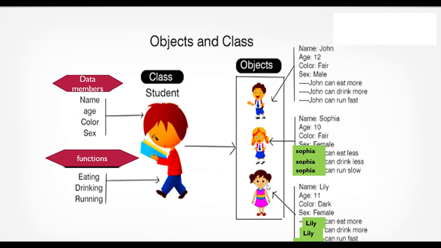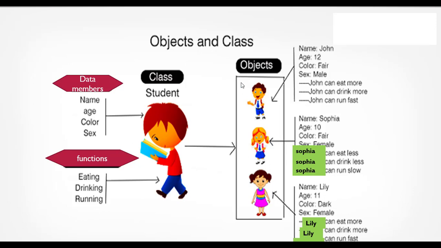All these are the objects. So a class is nothing but a grouping of objects of similar characteristics. For example, a student is a class. Each object in that class, John, Sophia and Lily, will have the same characteristics. Each student will have a name, age, color and sex. And the functions of these students are eating, drinking, running.